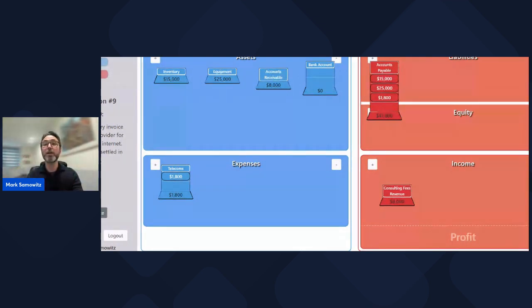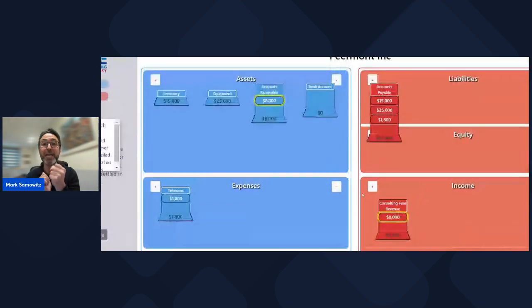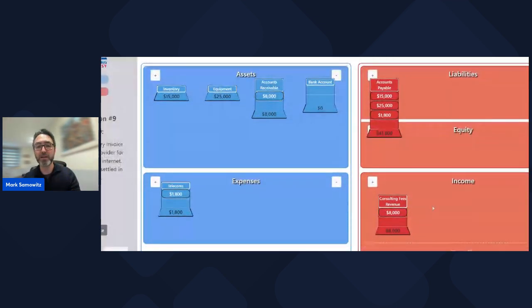We record the income or the revenue or the sale on the P&L, even though no money has been received. And I showed you that again, just to recap. $8,000 went into consulting fees revenue, and $8,000 went into accounts receivable, showing that we own the right to collect that. So we don't have to have received the physical cash for it to count as income on the P&L.